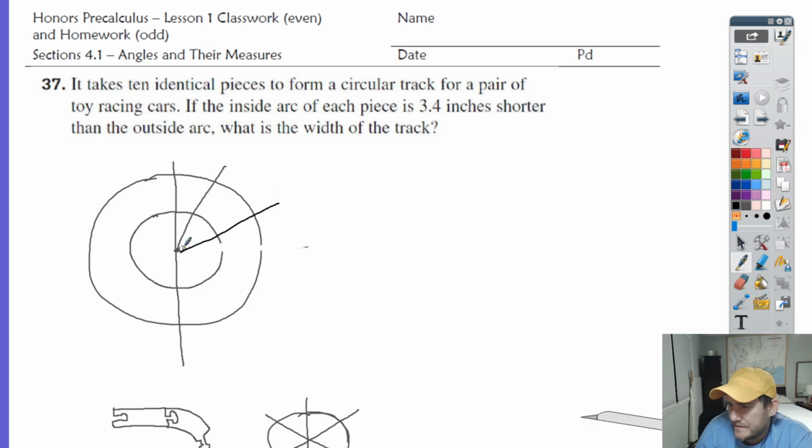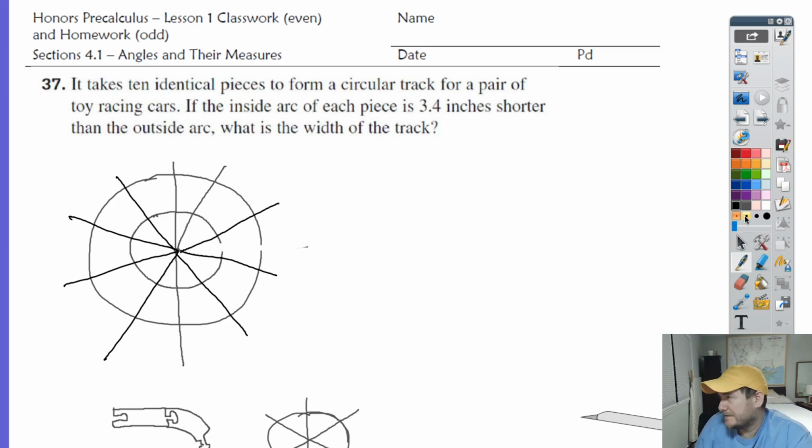I could put a line here, here, here. So there's 1, 2, 3, 4, 5. The other side, if I did it cleanly, I've seen better, I've seen worse. Anyway, this is what they mean. Here's one piece of track.